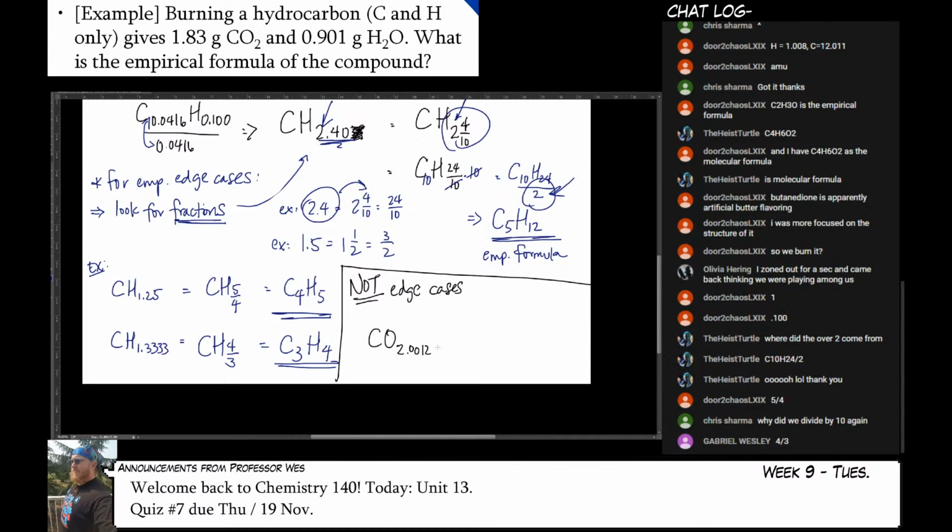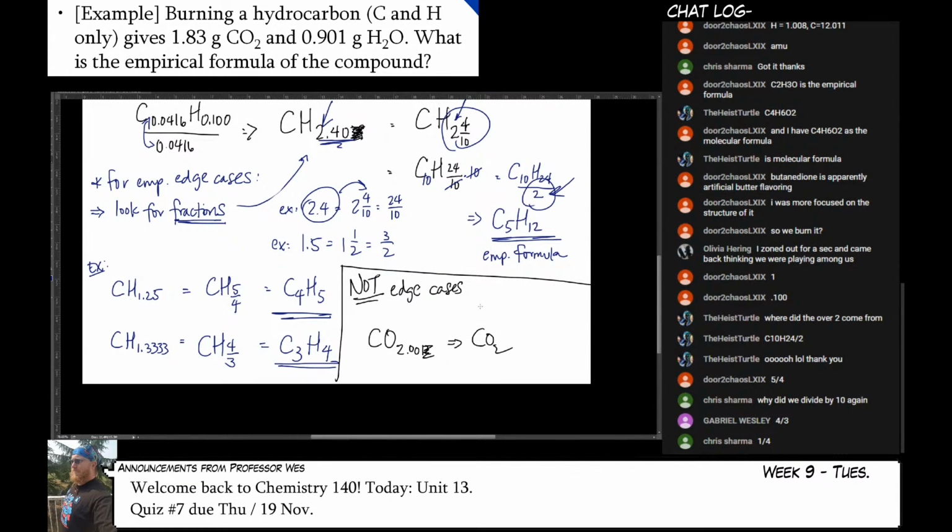Generally speaking, if you can round to the whole number or to the fraction, do that, and that's good enough. For our purposes, usually only the first 1 or 2 decimal points are going to matter.